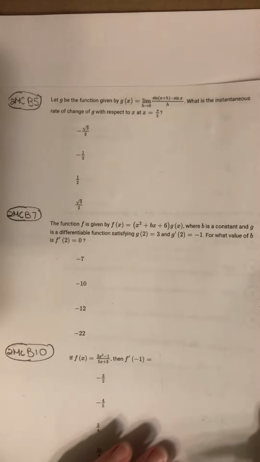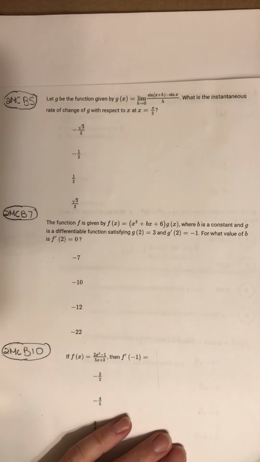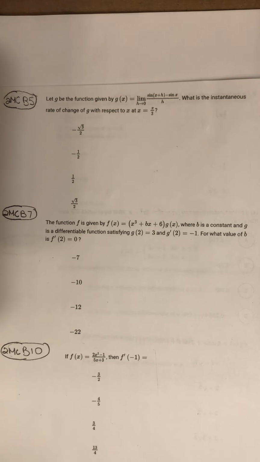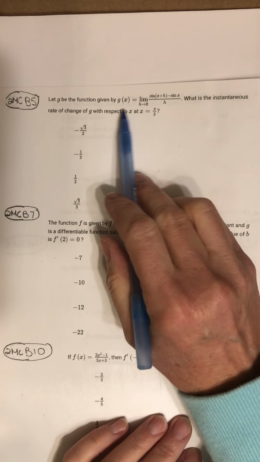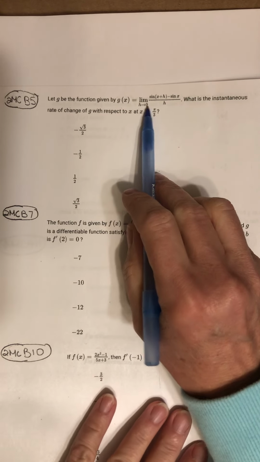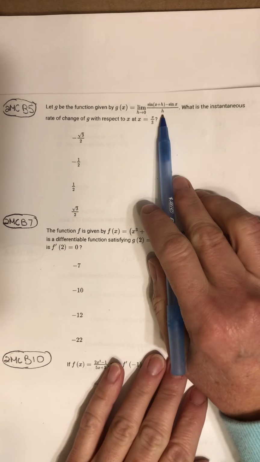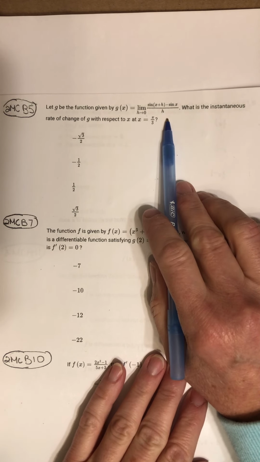Let's look at 2MC B5. Here we go. This one is a very interesting question. Let G be the function given by, and we have this limit here. It's written pretty small, but this looks familiar to me.